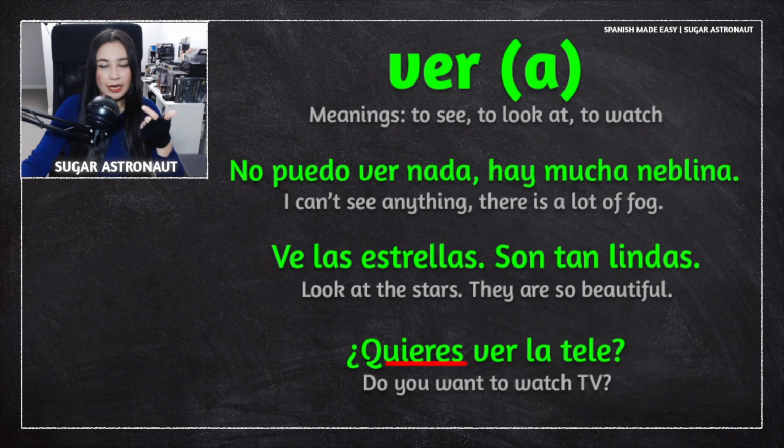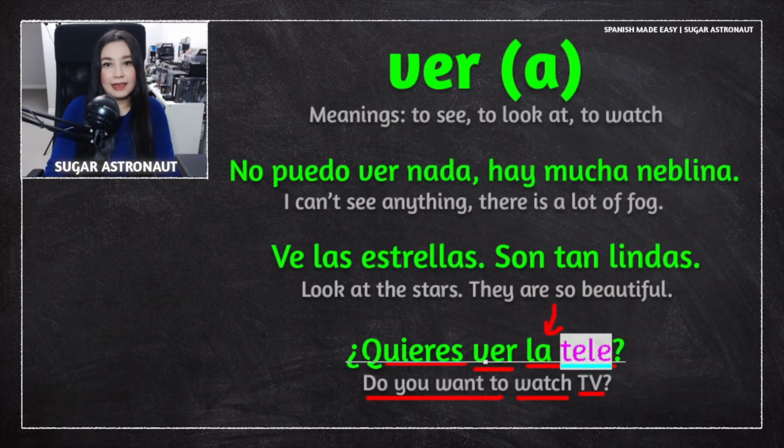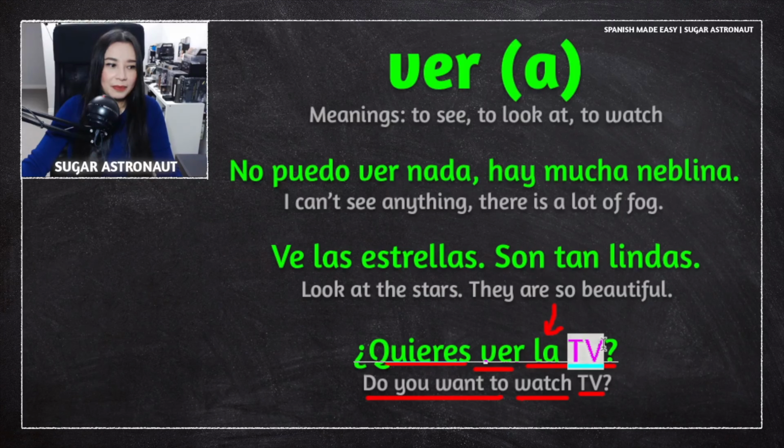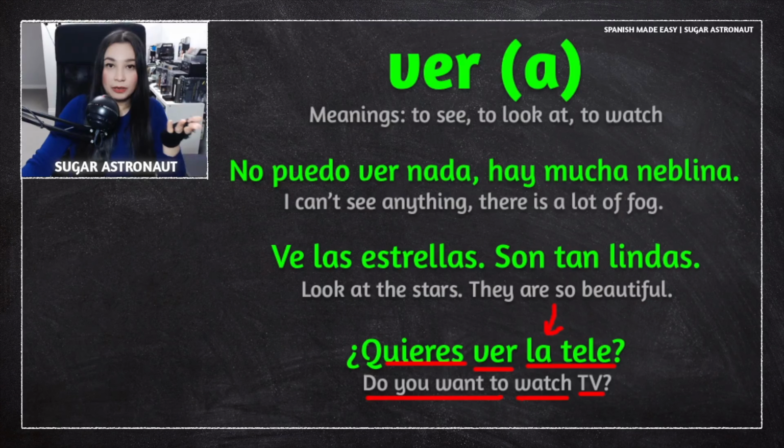Tele is feminine, believe it or not. So that's why you need the definite article la. And you can say tele. It's like a short name for TV. You can say la TV, but people usually don't say that in Spanish. Some people do though. But tele is a very common term to refer to a television.